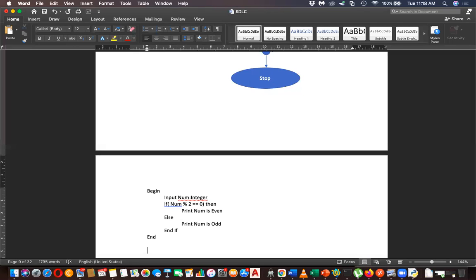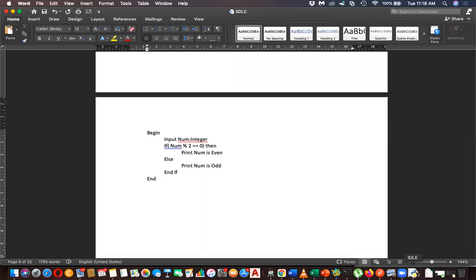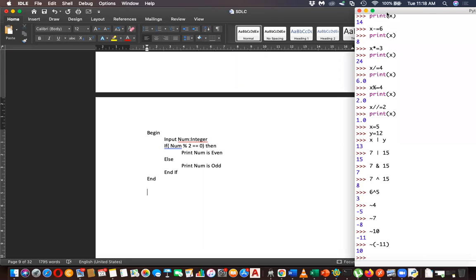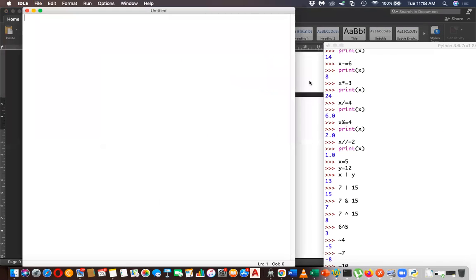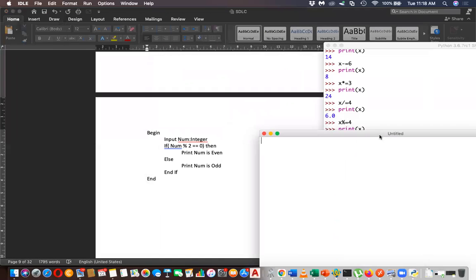Then the Python code. That is the one I really need you to write. Let's go to a new file. I'm going to input the num, and that number is an integer, with the message, enter an integer number.